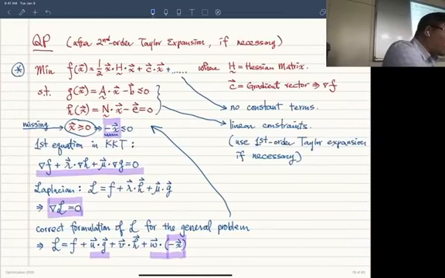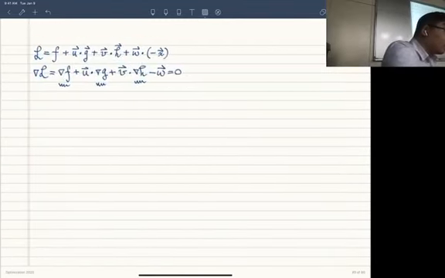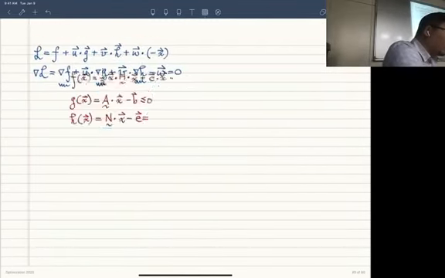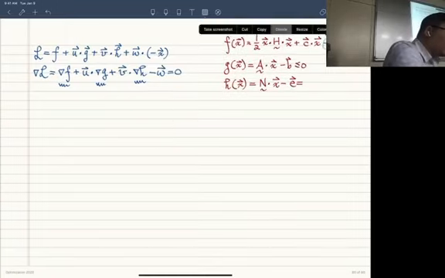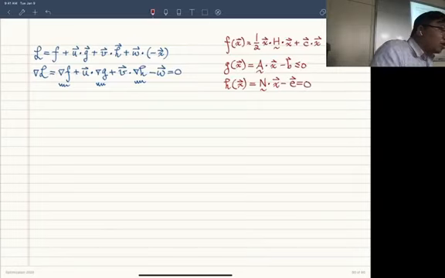And to do that, we could review what we had over here. So we can put them here to remind us what our functions are. Okay, these are our functions.